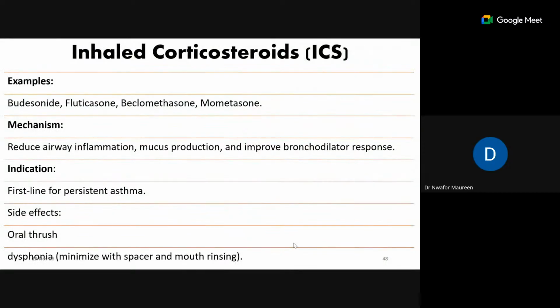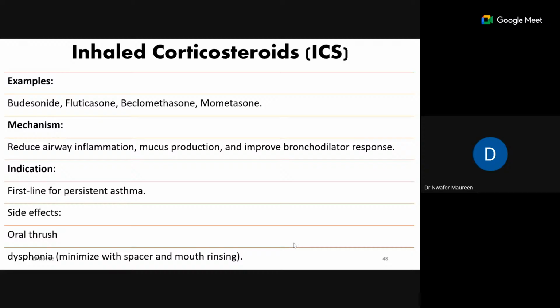The first one is inhaled corticosteroids we just spoke about. They reduce airway inflammation, reduce mucus production, and improve bronchodilation response. They are first line for persistent asthma. If it's persistent asthma, remember I said earlier, we use it for chronic therapy, chronic respiratory care. We use inhaled corticosteroids.